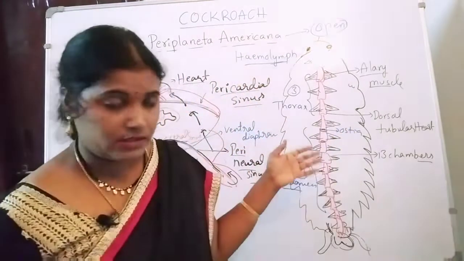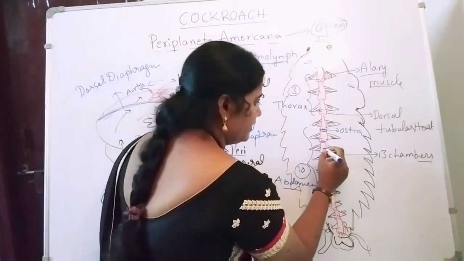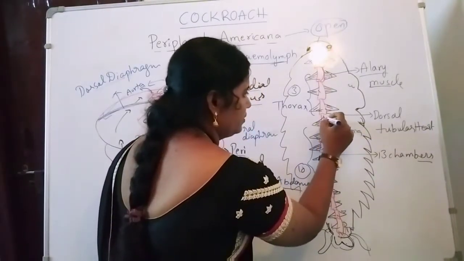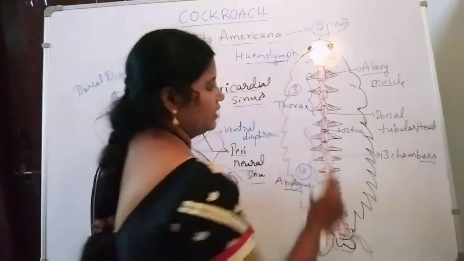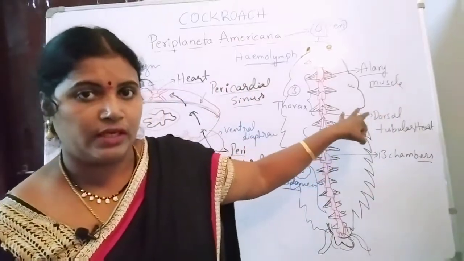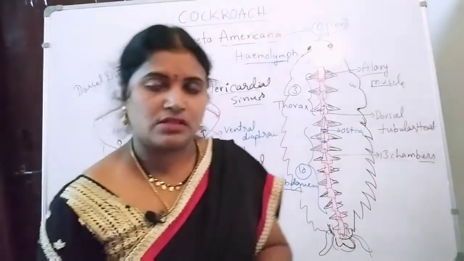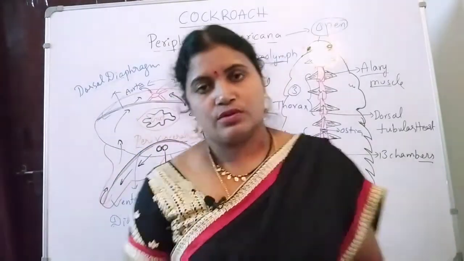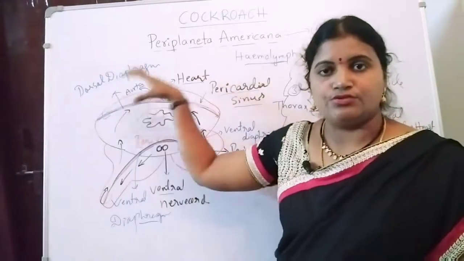Through these ostia the blood is going to flow. The blood flow takes place with the help of the contraction of the alary muscles. With the help of these alary muscles, contractions and relaxations take place, so that the supply of blood takes place throughout the body.